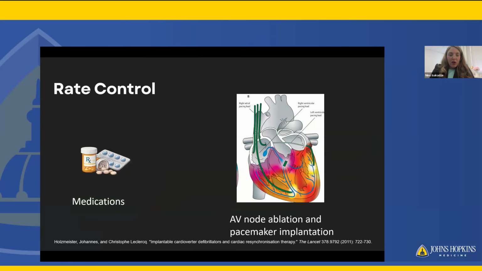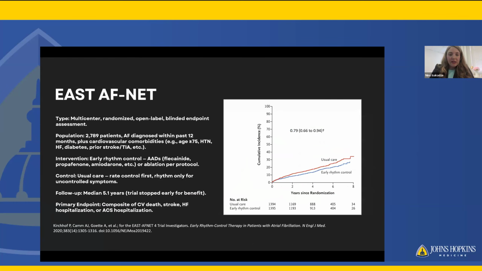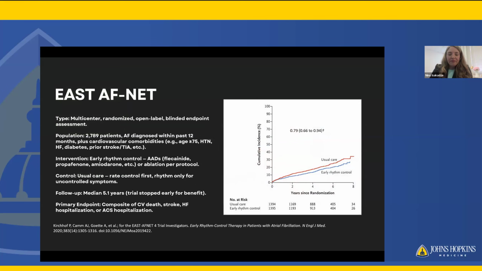30% of people in this study where they looked at restoring normal rhythm versus staying in atrial fibrillation had no symptoms. It was asymptomatic patients.